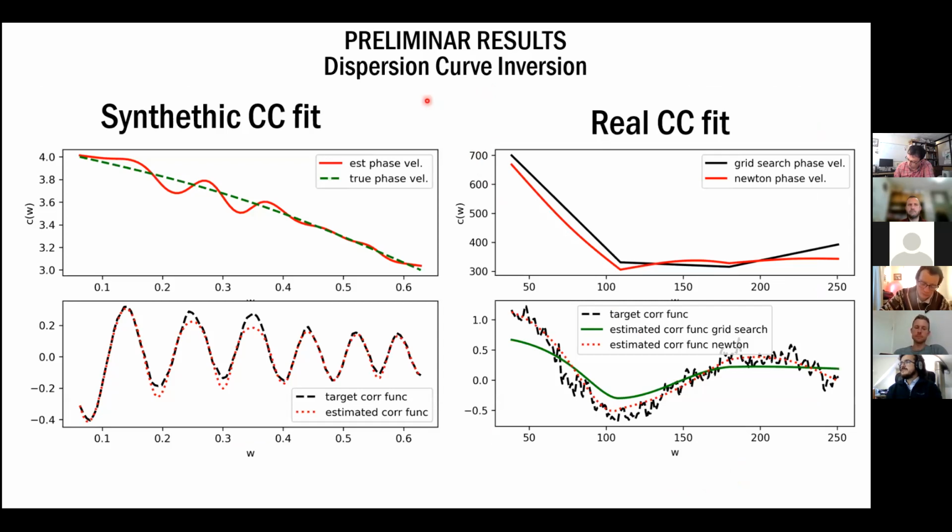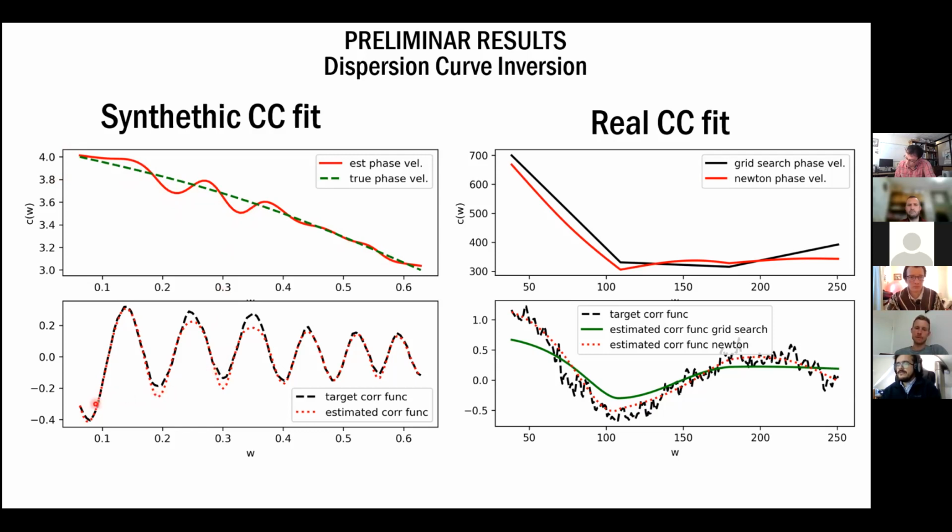So this is the dispersion curve inversion we have done. First, here I show a synthetic cross coherence fit example. We generated a target phase velocity model depicted here by the green dotted line, and the estimated phase velocity we got with the Menke and Jin methodology is this one. We can see this curve we retrieved is kind of smooth, but it's really similar to the true phase velocity.